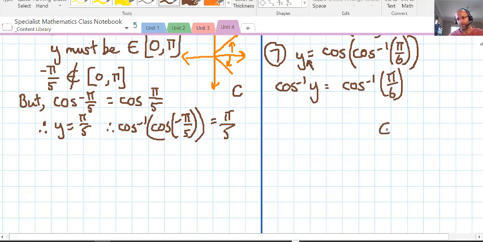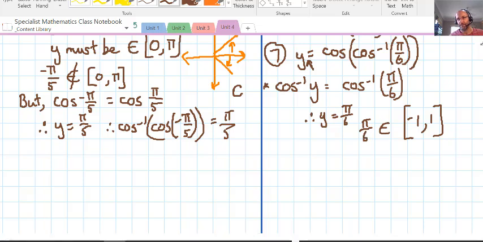I'm just going to write that down there, so it'll have to fall inside. Okay, just looking at the expression here, equating left and right, it would follow that y is pi on 6. And pi on 6 is actually an element in that set. So then you conclude in the same way we've concluded the other questions.